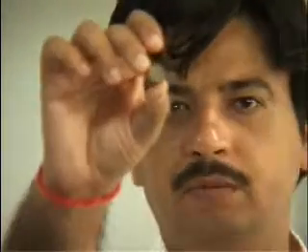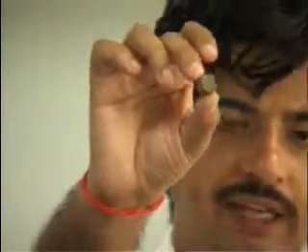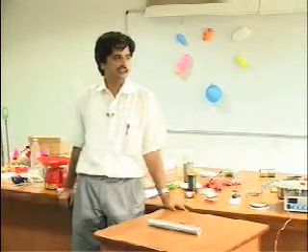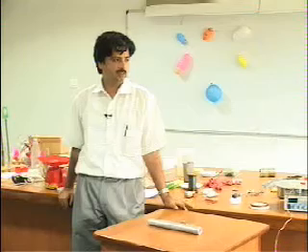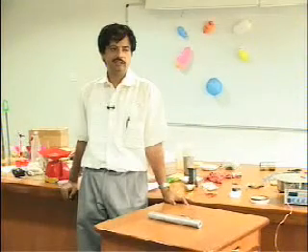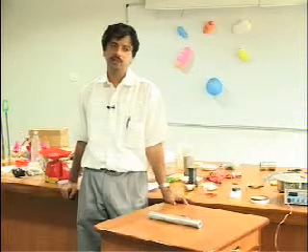This special thing is a strong magnet. It's a very strong magnet. It's called a rare earth magnet. When I leave it inside this tube, it falls through, and the magnetic field that it produces varies.